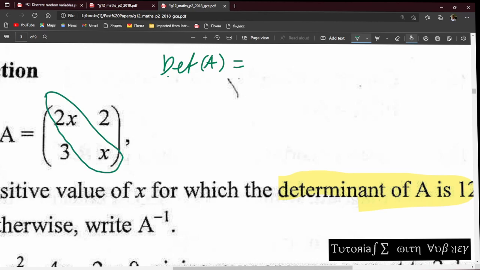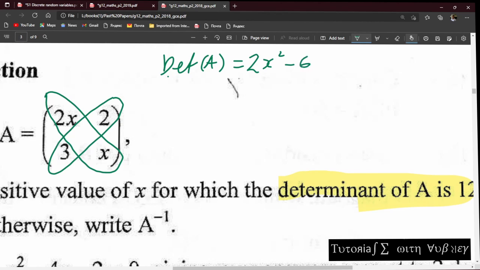That is 2x times x, which is 2x squared. Then we subtract the product of the elements in the minor diagonal, which is 3 times 2, which is 6.